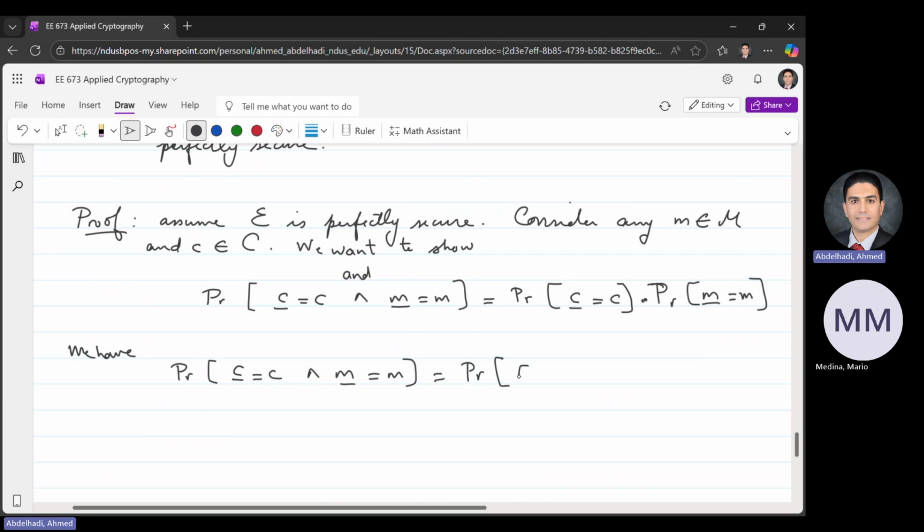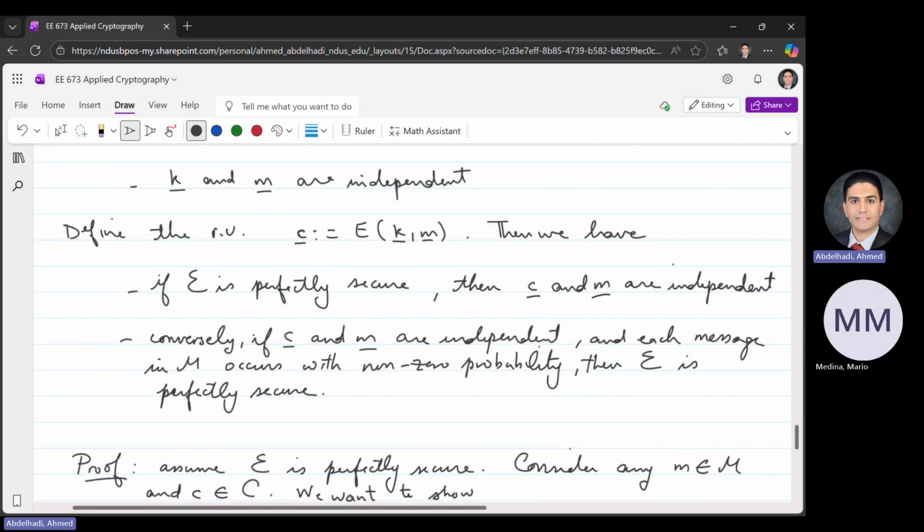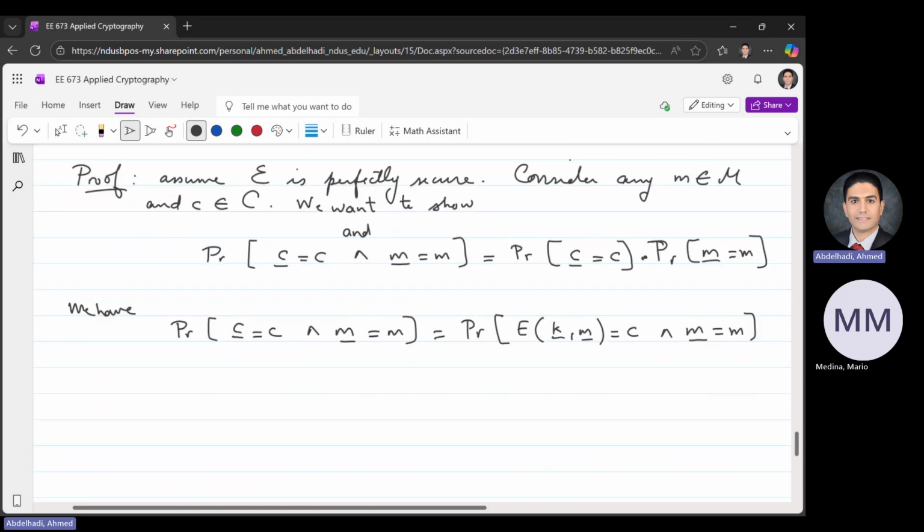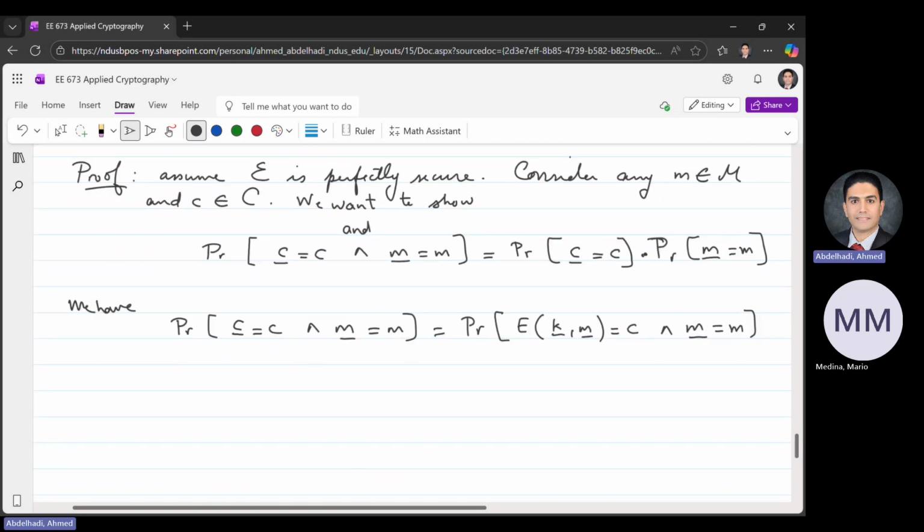It's E of K and M equal to c, and M is equal to m. Correct? So I can just substitute. I know that C is equal to E of K, M, so I removed that equation and replaced it with E of K and M. What else can I do after this step?